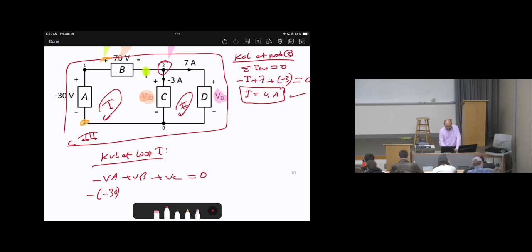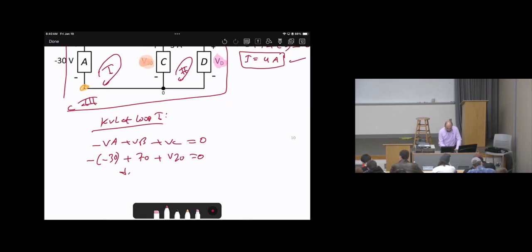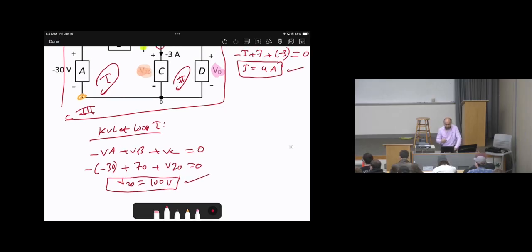So negative of negative 3 plus VB, VB equal to 70, plus VC, which is the same as V20, equals 0. Therefore, move them to the other side, V20 will be 100 volts. Second unknown, done. How about the third unknown?